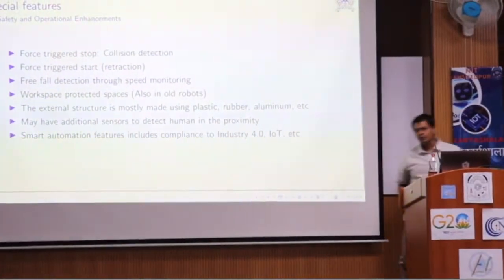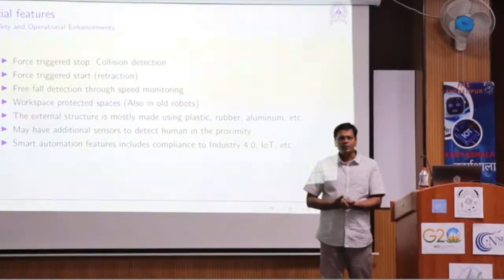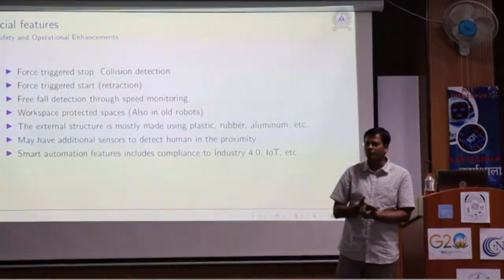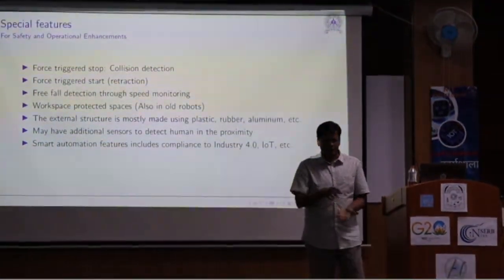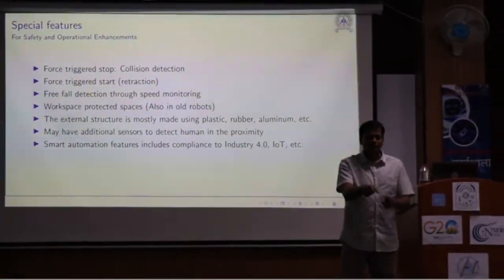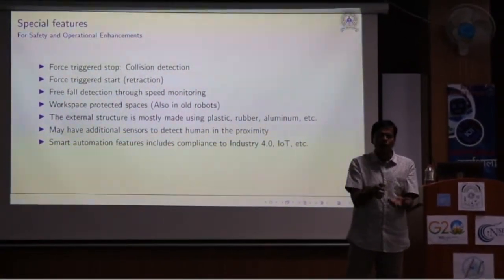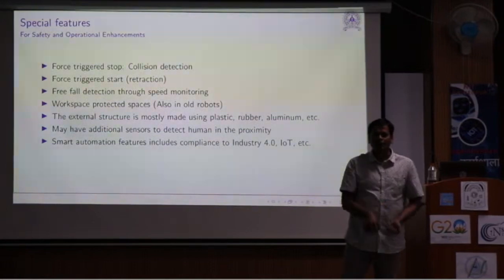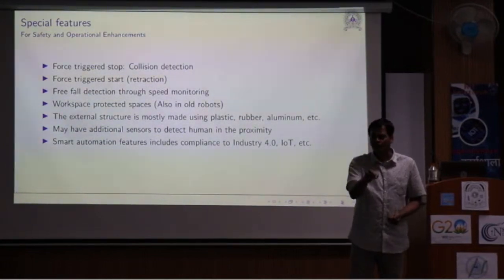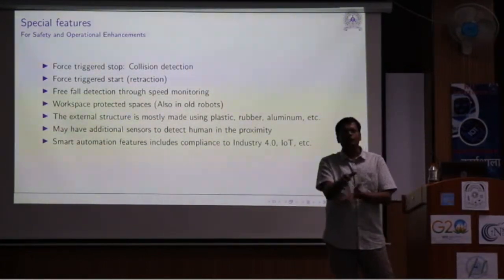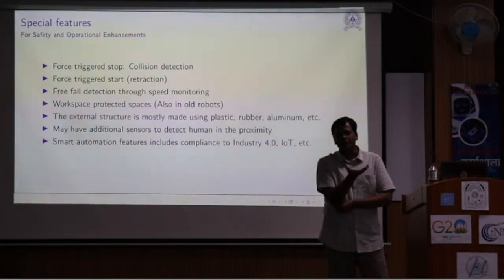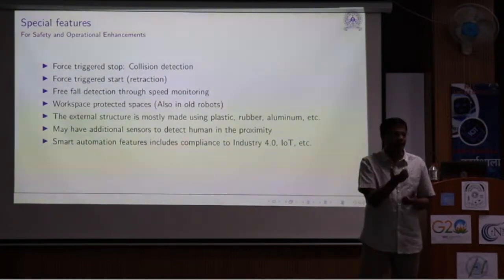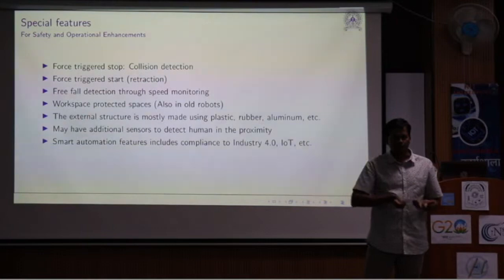Nowadays, if at all you fail in an attempt, you come to know even if you're sitting remotely somewhere. See, as soon as you pick up, you have a torque sensor, you will come to know how much force has come. If you fail to lift an object, immediately you will come to know whether it has failed or not. Normally, in earlier robots without any sensor, you won't come to know.